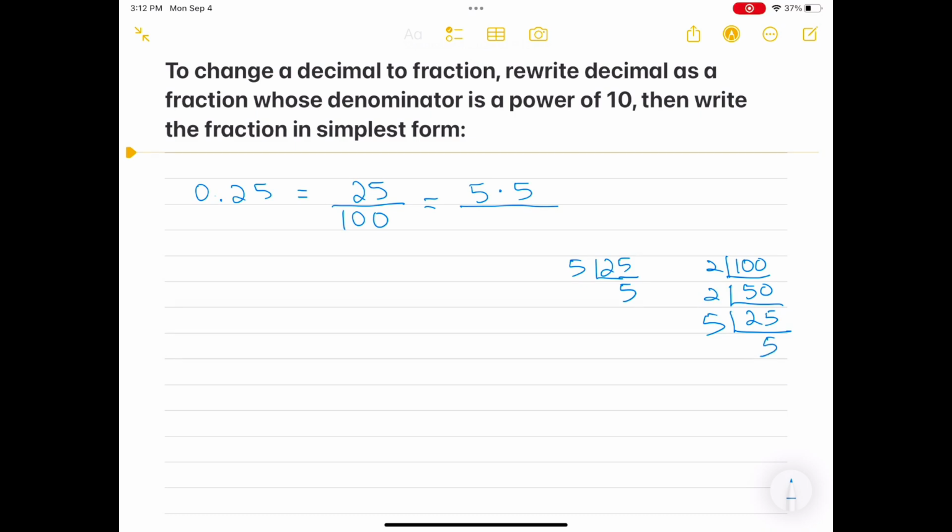And then we simply cross out the common factors, the 5's in the numerator with the 5's in the denominator. And we end up with 1 in the numerator and 2 times 2, or 4, in the denominator, or 1/4.